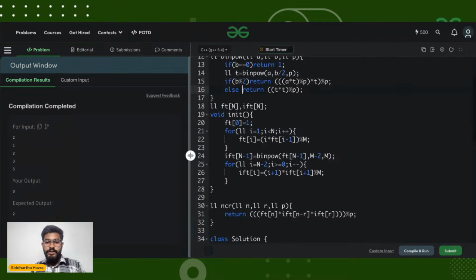Then we are starting from f of 1, i less than n. Factorial of i is equal to i multiplied by i minus 1 modulo m. Then we are building up from the back: IFT of n is bin power of factorial of n minus 1, m minus 2, m. Then n minus 2, i greater than 0, i minus minus, and IFT of i is equal to inverse factorial.